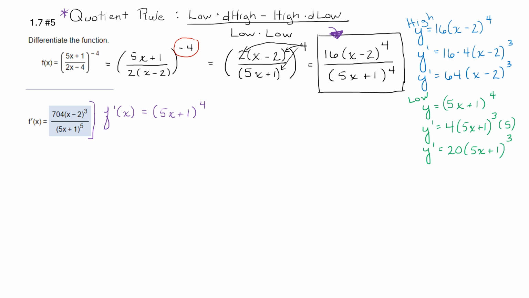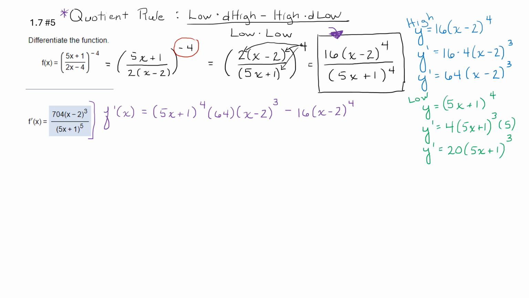And so I can look over, and in blue, the derivative of the high is 64 times x minus 2 to the third, minus high, so 16 times x minus 2 to the fourth d low.